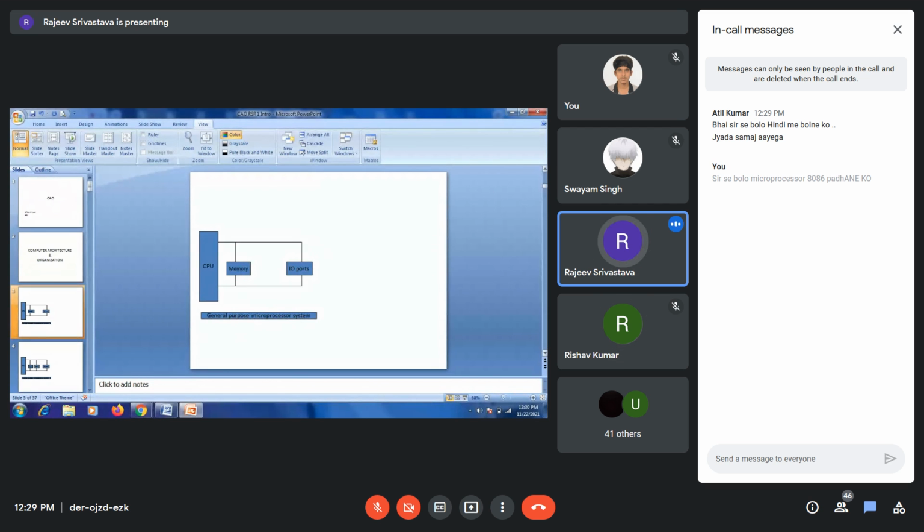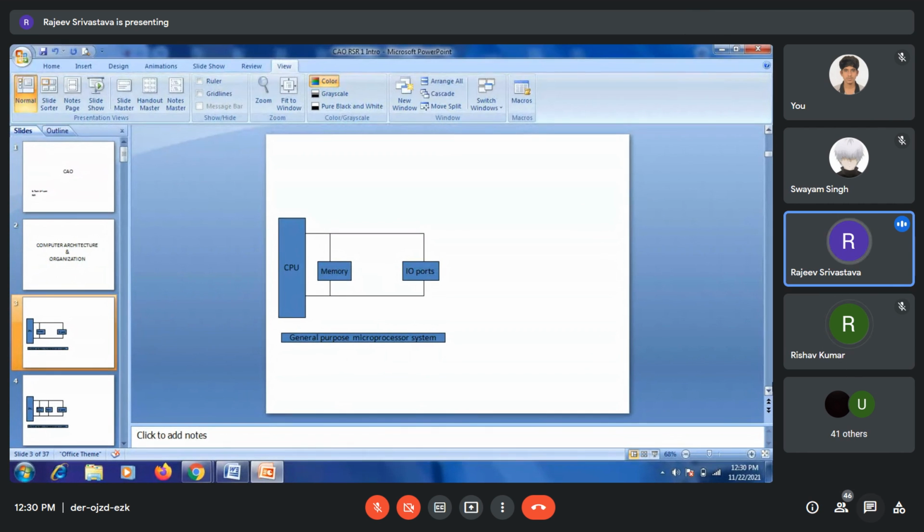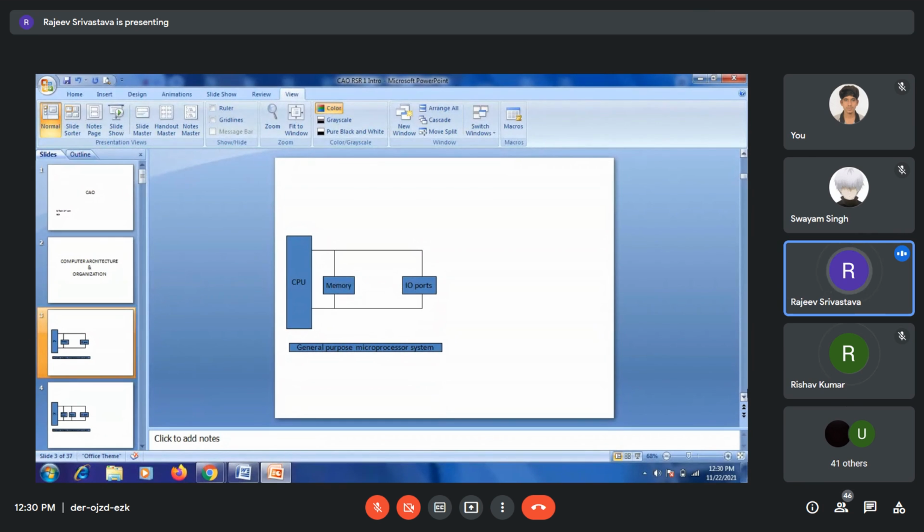This is the central processing unit, and we have I/O ports in which we connect input devices like keyboard, mouse, and other things. And we may have output devices to see the result, like a printer and our screen or monitor.